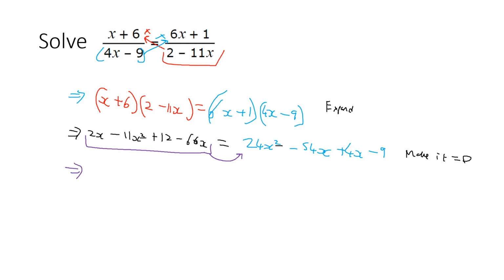So what we're left with is 24 minus 11, which is 35x squared. 54 minus 54 plus 4 is 50. 50 plus 66 minus 2 is going to be 14x.